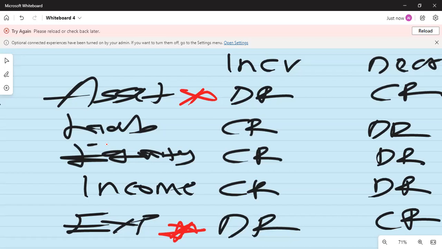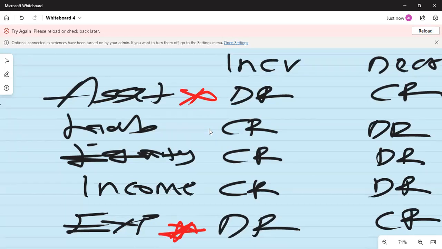Okay, let's practice this. Let's work as accountants. The approach to this particular topic is going to be two. We are going to be talking about situations whereby the trial balance does not agree, and that is what we are going to be dealing with more.